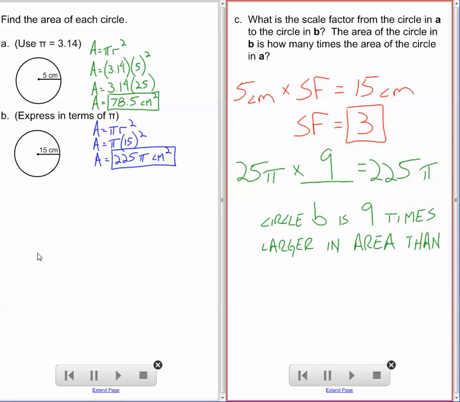Circle B is 9 times larger in area than circle A. By the way, 3 squared is equal to 9. The scale factor squared, just like area is units squared, is equal to 9. We've seen that stuff happen before when we were dealing with rectangles and squares.